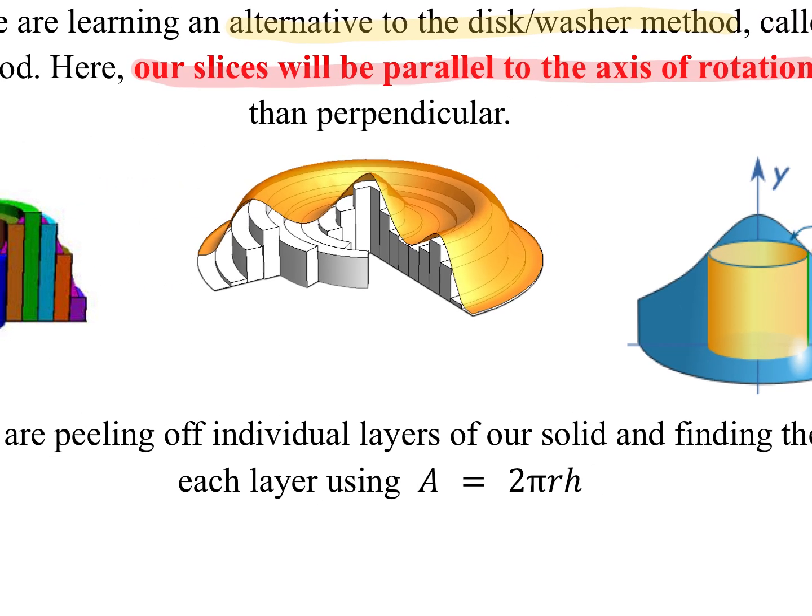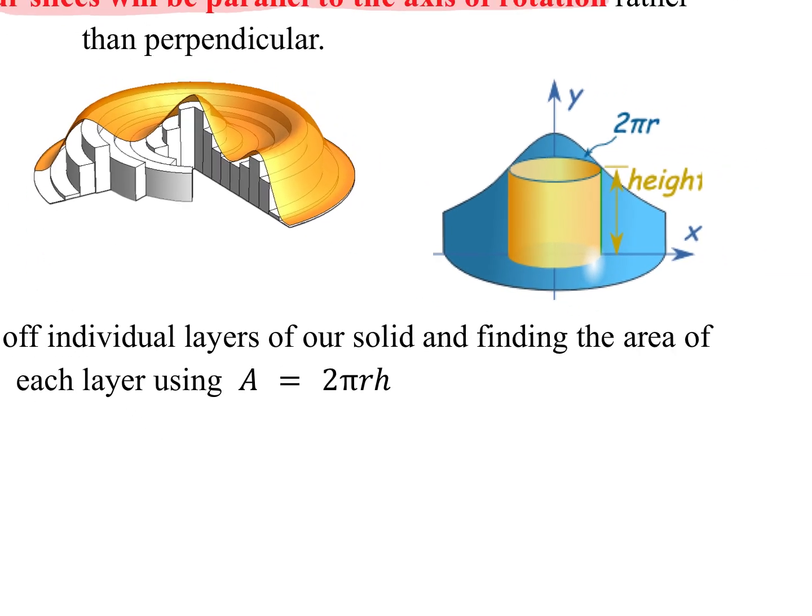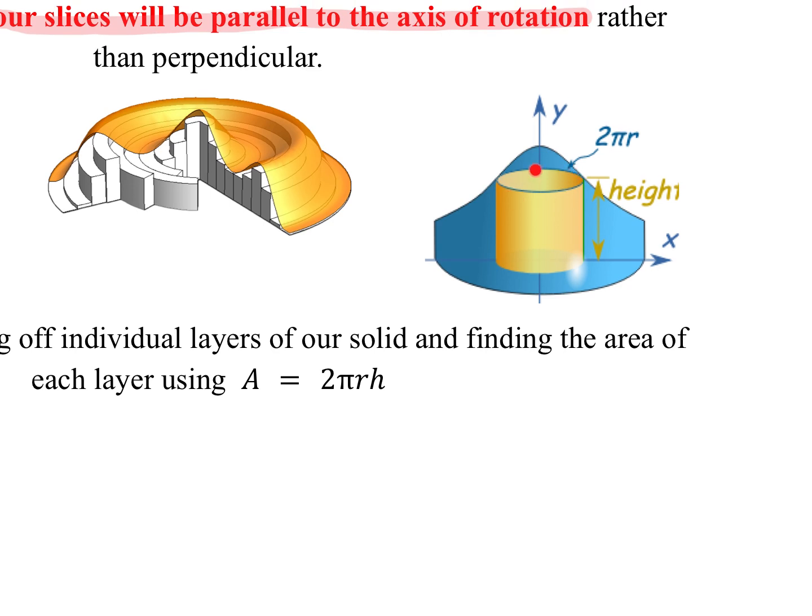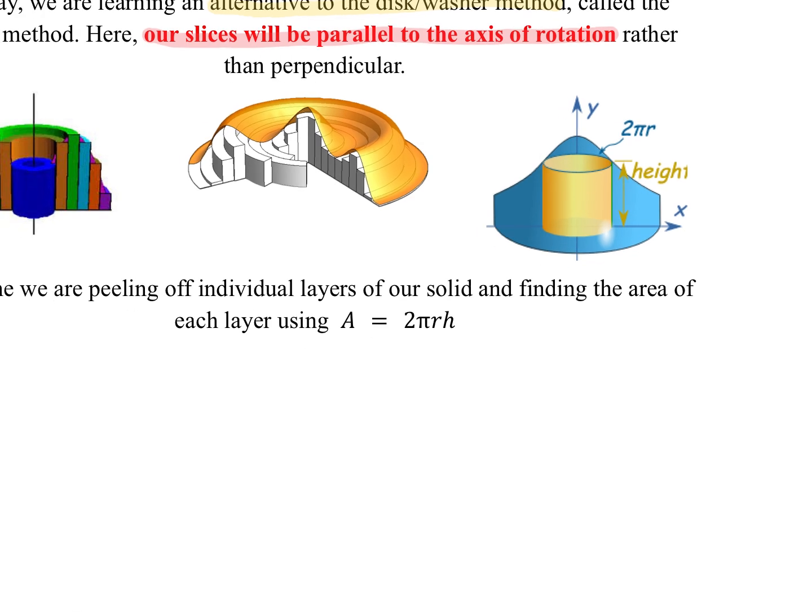I think you can see that a little better here. There's more of these peels. So again, we're slicing parallel to our axis of rotation, and we're taking that slice and peeling it off our curve. Imagine we took this cylinder, peeled it off and then opened it up. When we open up our peel, it's actually just a rectangle.